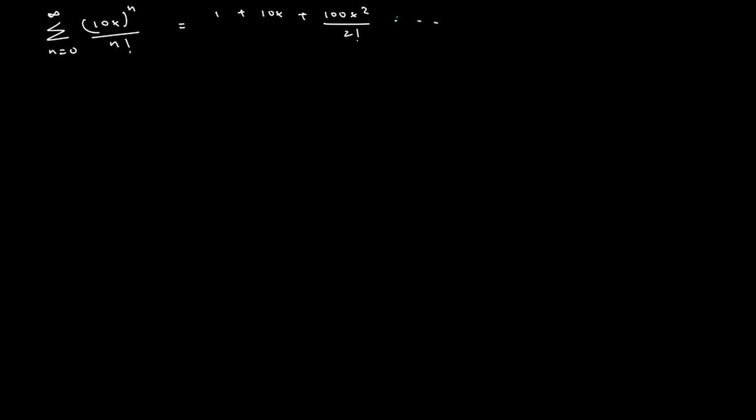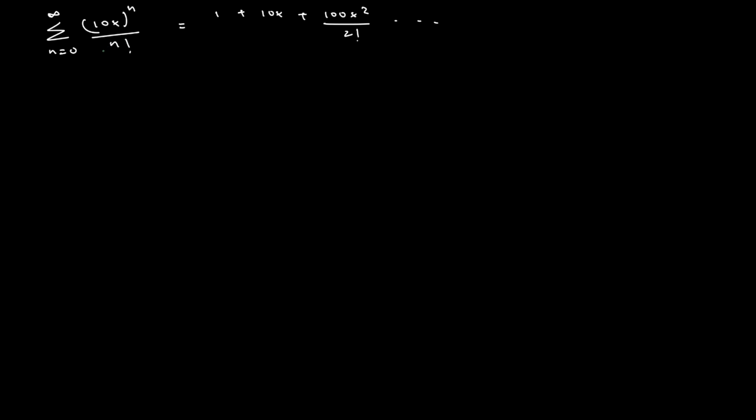Right? And so let's see what test we can use to determine whether or not this is convergent. And one test that seems reasonable for this is the ratio test. All the other tests seem a bit more complicated because I can't find another function to use for the integral test, nor a limit comparison test.